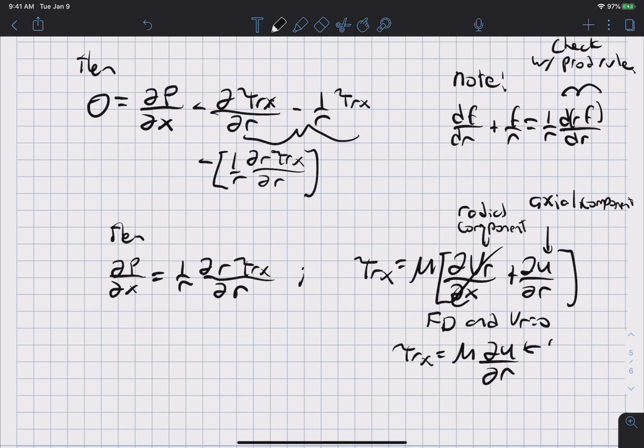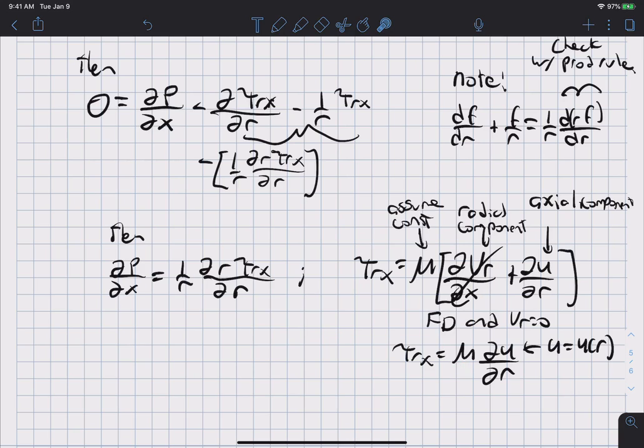And u is only a function of r. Again, you need to look at Navier-Stokes to prove that. But u is only a function of r because it's fully developed, because it's steady, and all that good stuff. And so tau is a function of mu, which we're going to assume is constant.